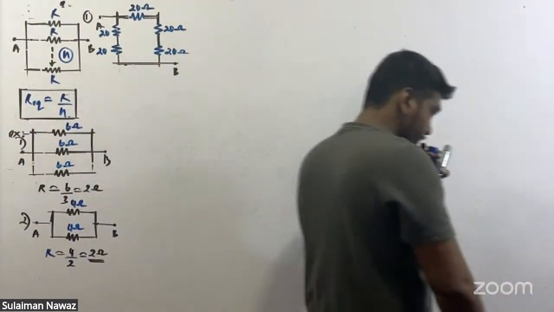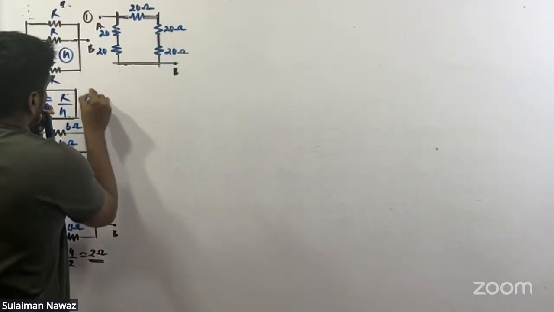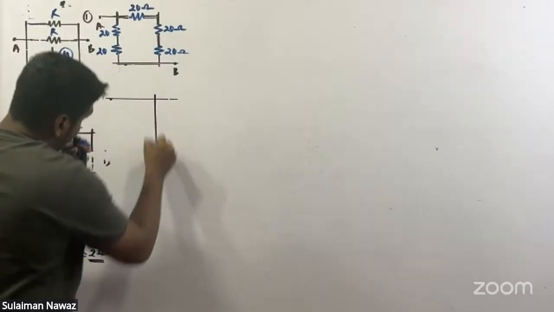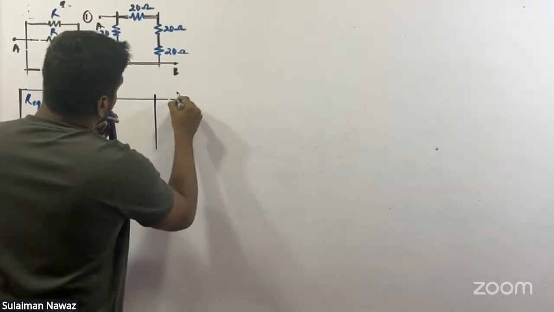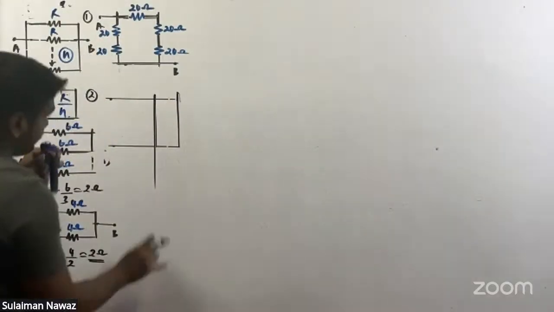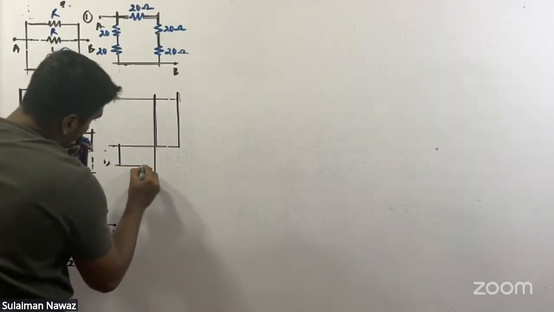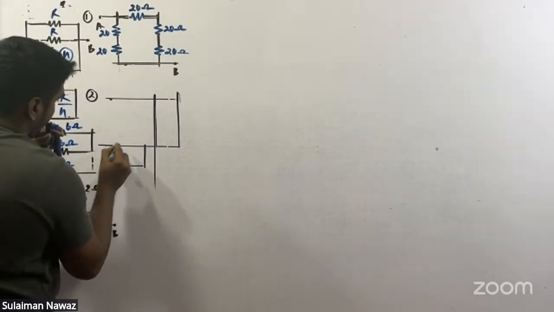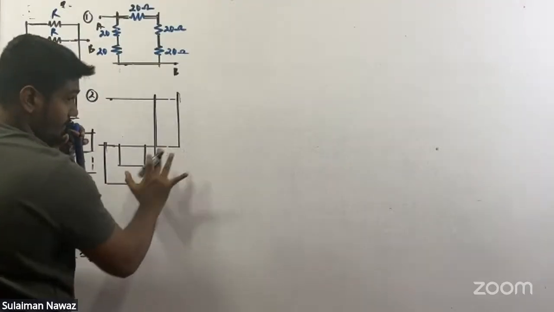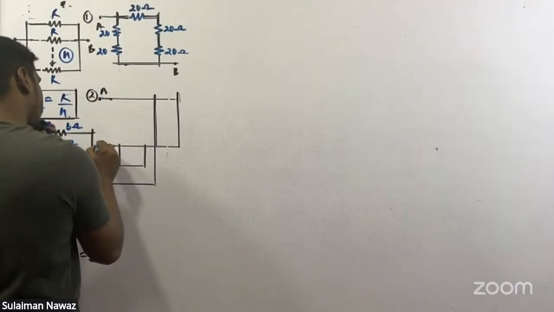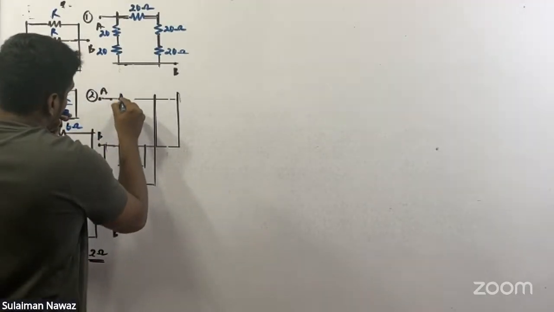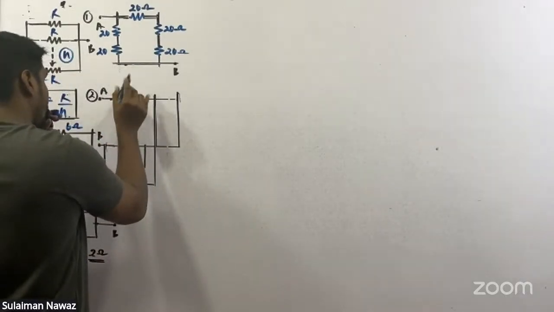Then number two, terminal A, terminal B. Resistors: 4 ohms, you mention the ohm symbol.